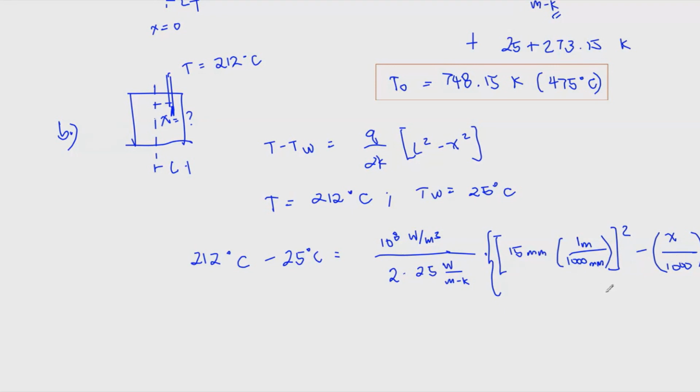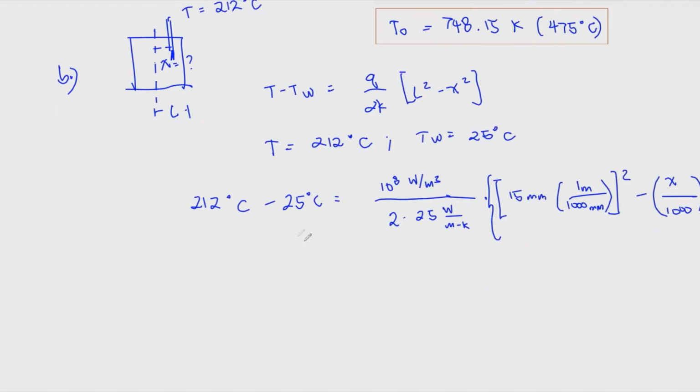Okay, so x here would be the distance from the center. This x here. So what you'll be getting is simply the distance from the center. And then you can just use your shift solve function to get x. So I'll be using mine. So let's solve for it.